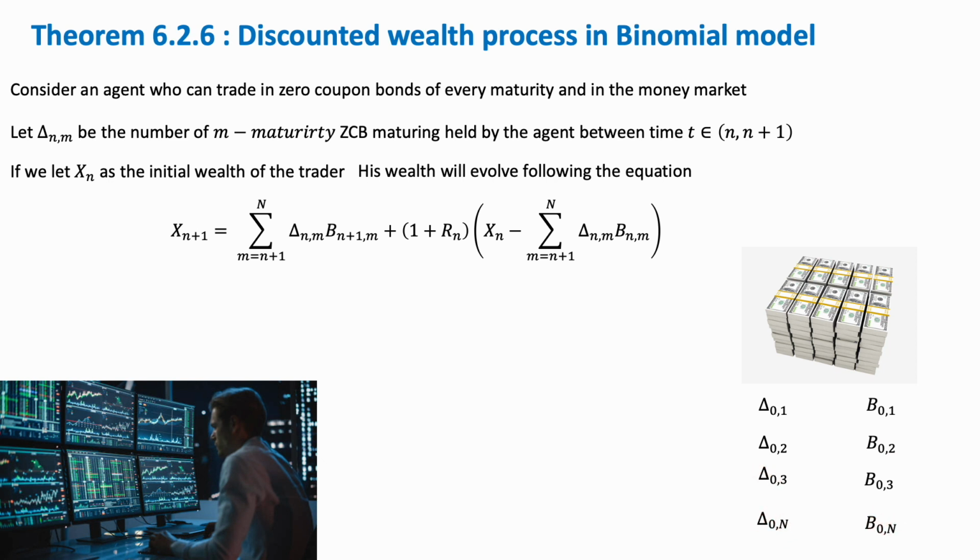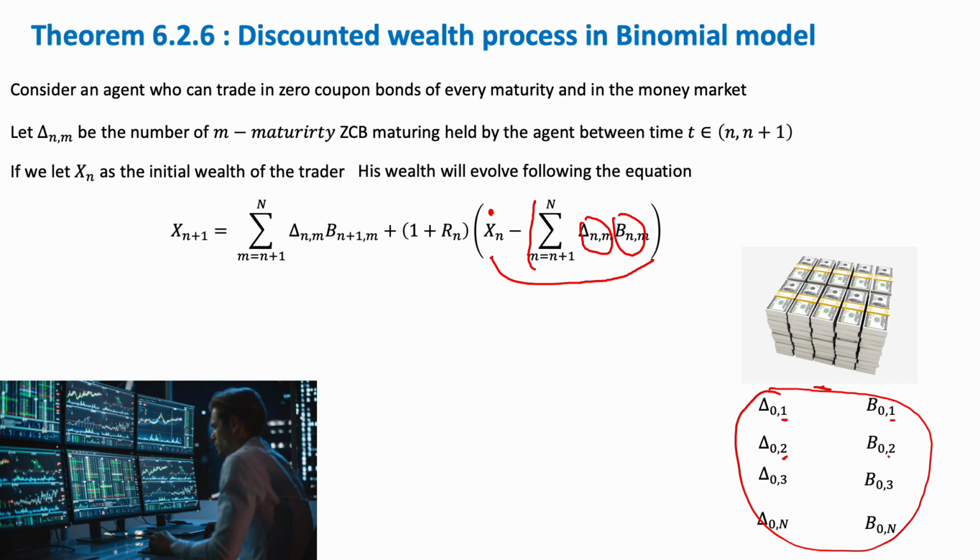So when he is finished doing that, the cash left is basically his initial pile of cash minus how much he spent to buy these bonds. And that is exactly what is presented here. This is the initial amount of cash he has minus how much he spent to buy all these bonds. So he's buying Delta shares of this bond, and then he has many different bonds he can be buying. Maybe a bond maturing at time 1, a bond maturing at time 2. So that's that, right?